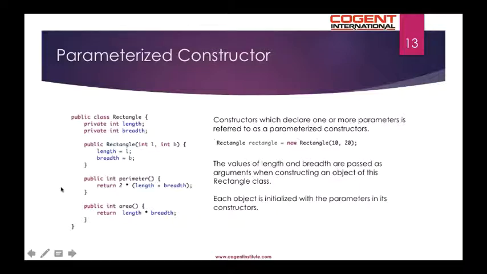To create an object using the parameterized constructor, we use this code below. Rectangle is equal to new Rectangle and pass the values of length and breadth. The values of length and breadth are passed as arguments when constructing an object of this Rectangle class. So each object is initialized with the parameters in its constructor.